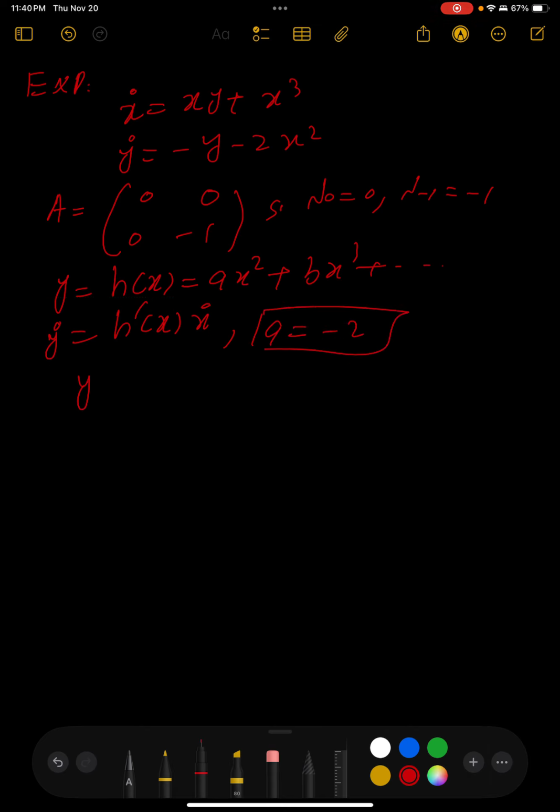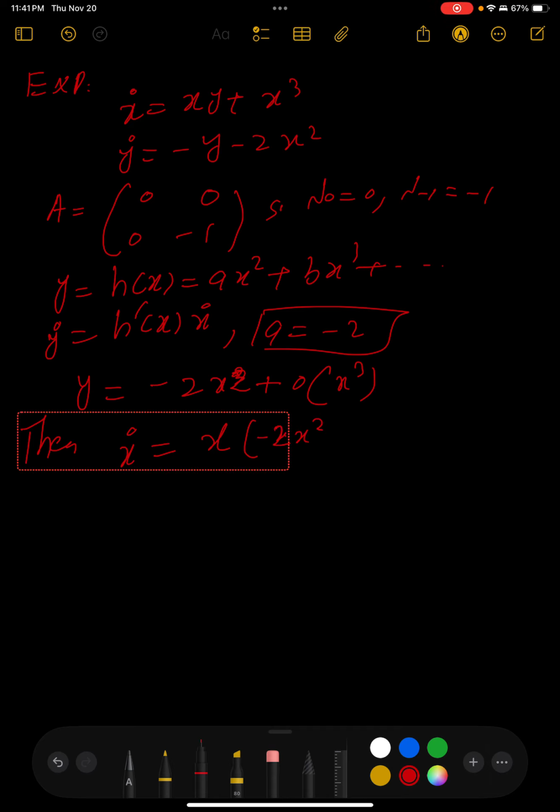So if my a is minus 2, my y becomes minus 2x squared plus order of x cubed. So then my x dot is x times y, that is minus 2x squared plus x cubed.